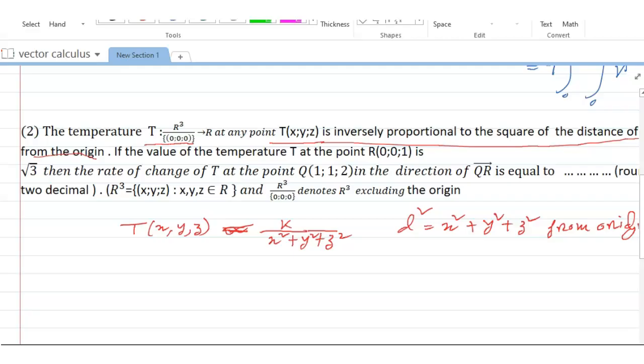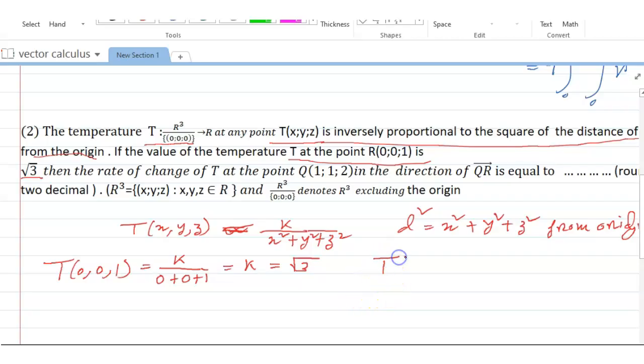Now you can see, friends, the value of T(0, 0, 1) equals root 3. So putting T(0, 0, 1) equals k divided by 0 plus 0 plus 1, equals k, and this value equals root 3.